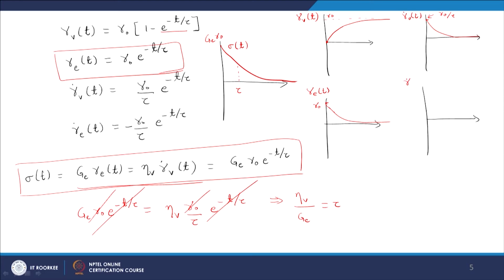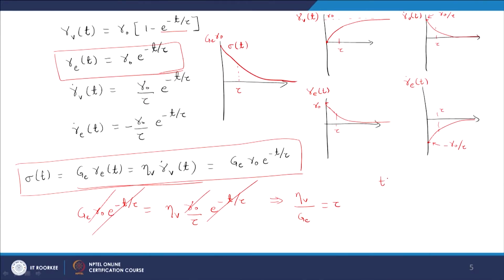On the other hand, gamma dot E(t) will start with a large number, but it is negative and it will increase with time. Eventually, it becomes 0. This is also minus gamma naught by tau. Okay. So, we can see how in all of this the time scale is essentially tau, and we can see how exactly that fits well into the picture that we have discussed earlier.